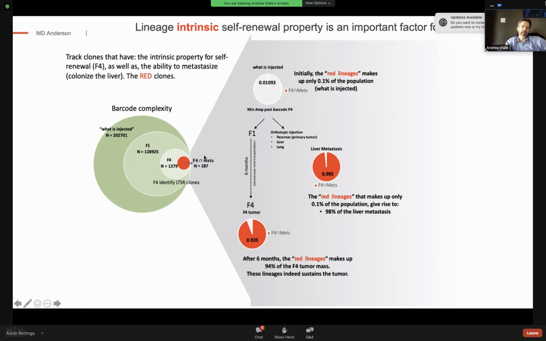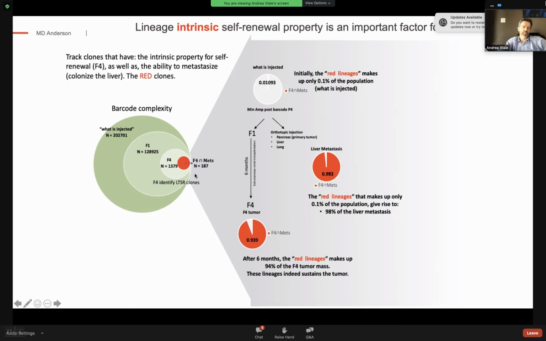Then they compared the F4, the tumors after the first cycle of transplantation, with the clones that were sustaining the metastases in the liver, and they identified 187 barcodes there. So a very small fraction of the entire population that was injected at the beginning, okay?